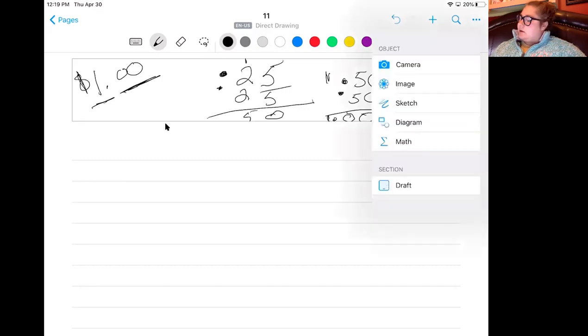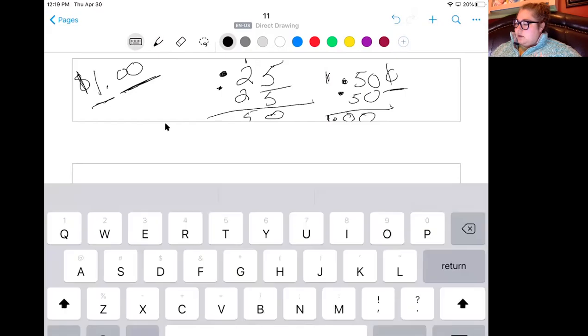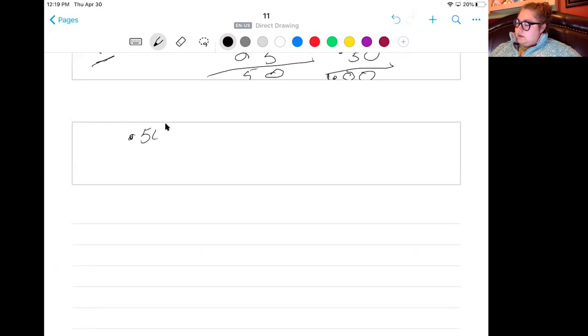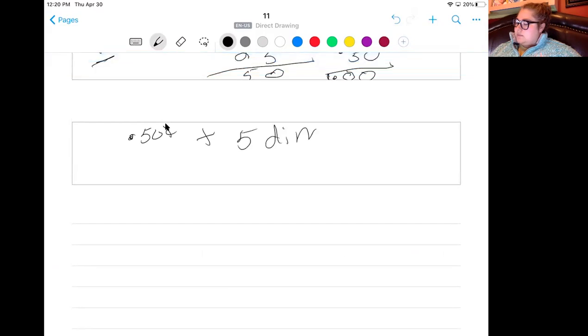All right, we're going to add another math box. All right, now what if we have 5 dimes? And we're going to add that to 50 cents. So if we have 50 cents, and I'm going to put plus 5 dimes.